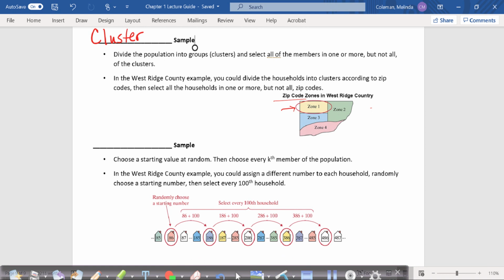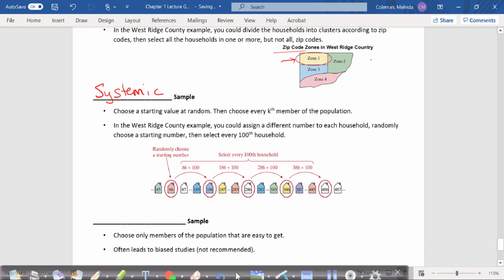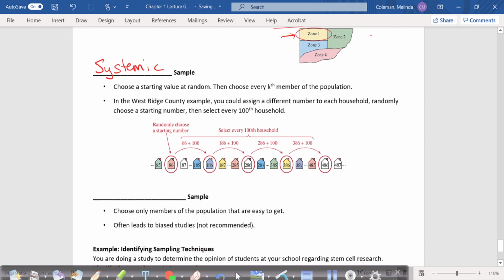The next one is called a systematic, or systemic, sample. It says choose a starting variable at random, then choose every case member of that. So in other words, you're going to start and say, okay, here's the first one, 86.